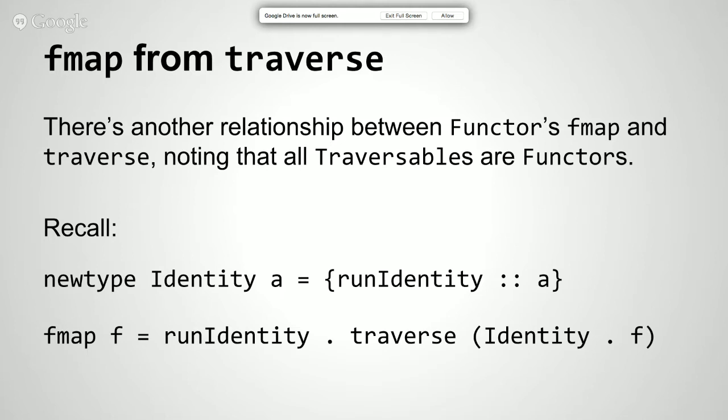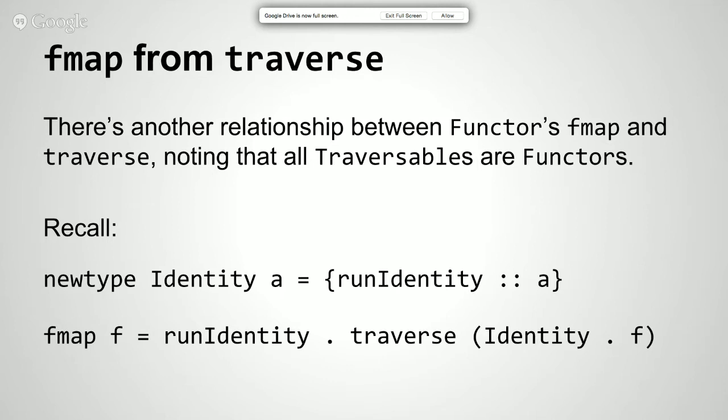To fmap f across the traversable, we traverse. Now traverse has to take an effectful thing. It can't take an A arrow B, it has to take an A arrow G B, where G is some applicative. So you just say, okay, well I don't want a G, but it's making me give one.